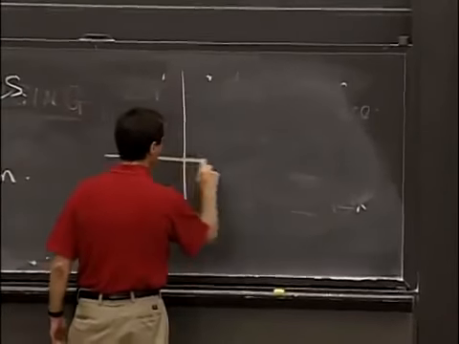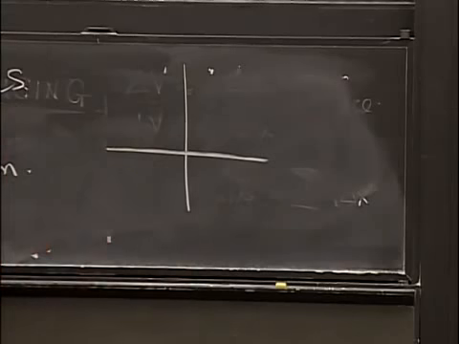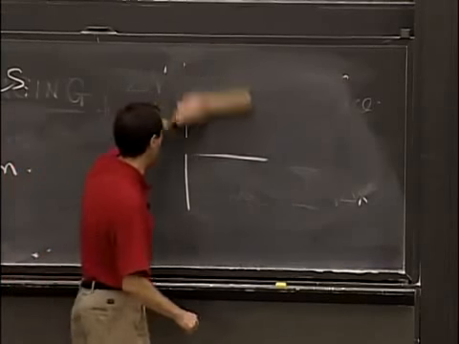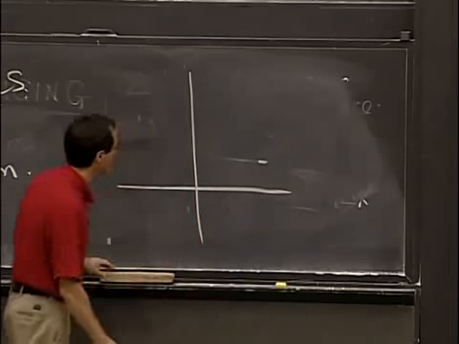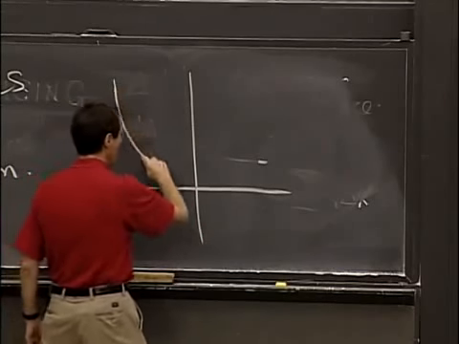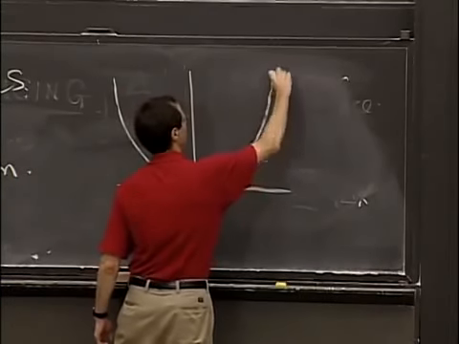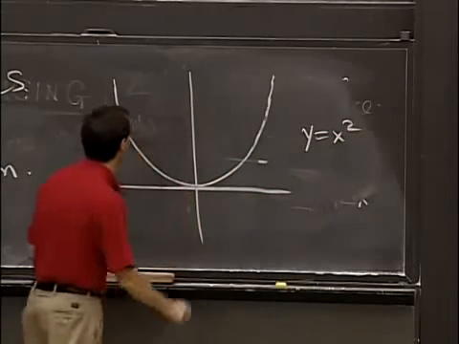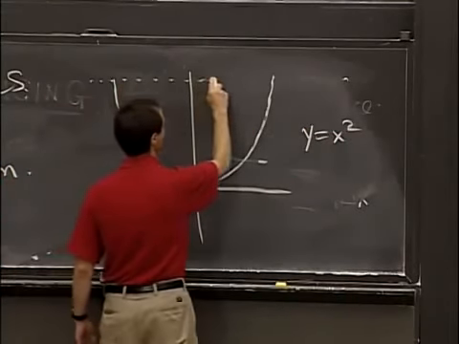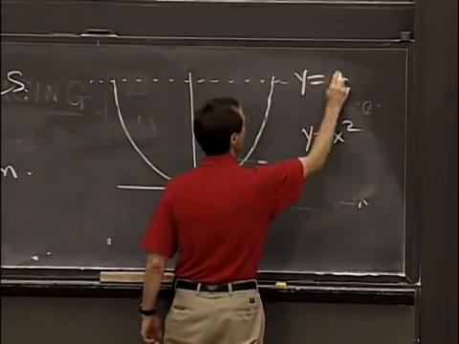I'm going to plot this, and I'm going to make it a parabola. This is y equals x squared. And I'm going to make the top height be y equals a.